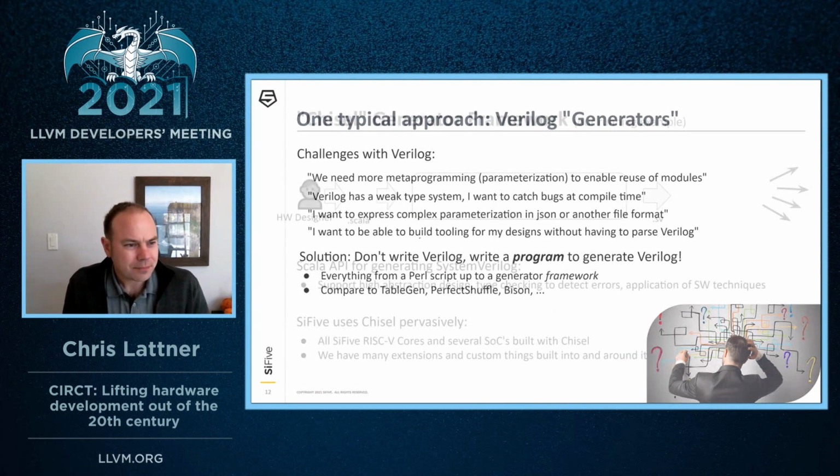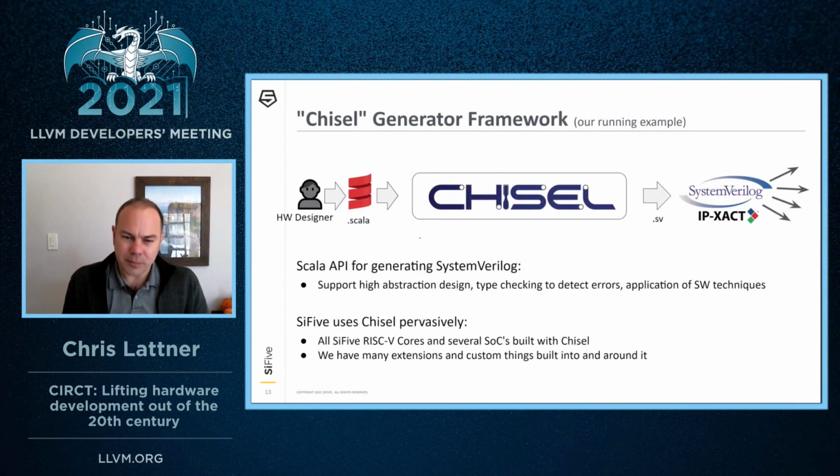And so Chisel is an example of a generator framework. Instead of writing things like SystemVerilog or IP-XACT or other of these canonical formats directly, what you do is you use a domain-specific language embedded in a normal programming language. In this case, that language is Scala.